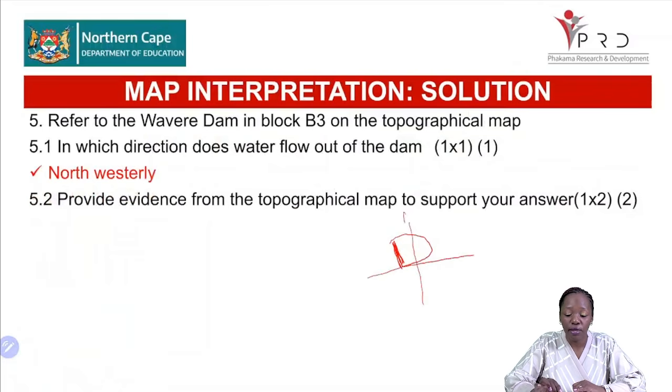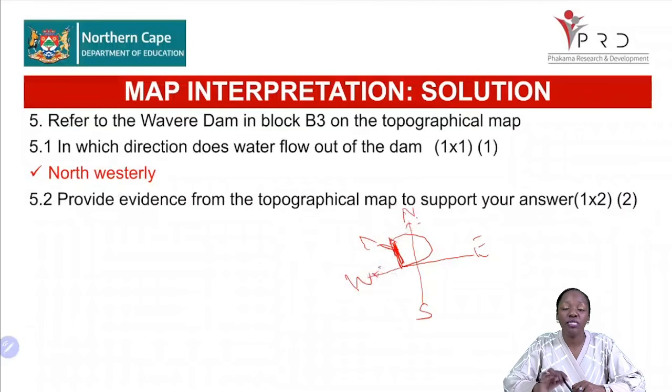Then you name, this is your north, this is your east, this is your south, and this is your west. Then you locate the position of your dam wall. The position of your dam wall is here between the west as well as the north. So therefore, the correct direction, we are saying it is northwesterly. We are guided by our compass as well as our dam wall.